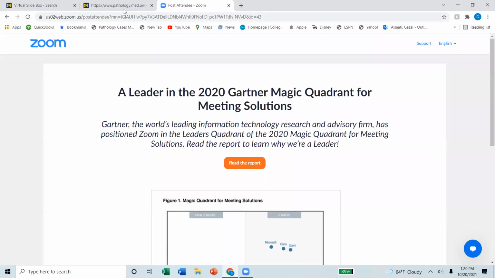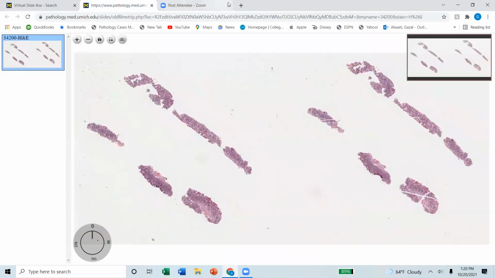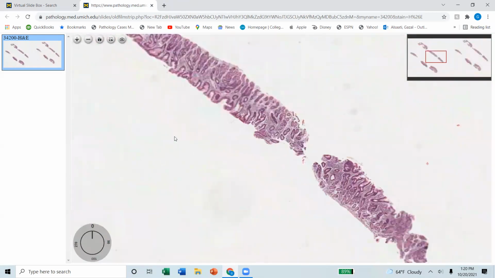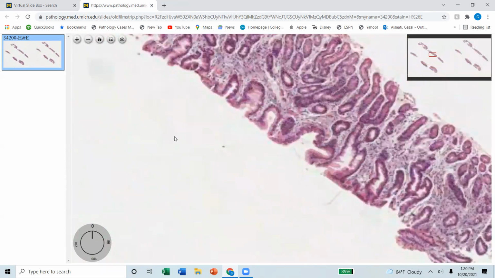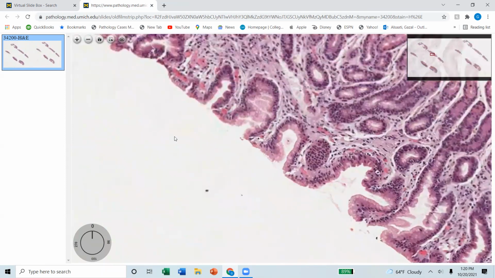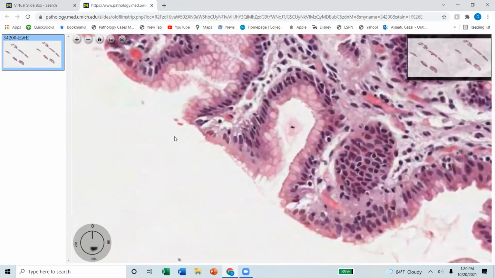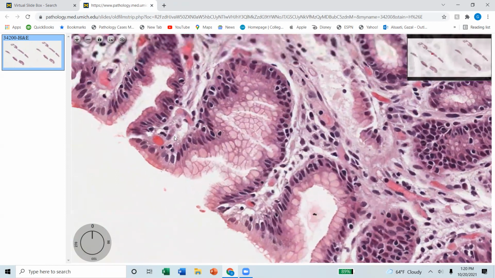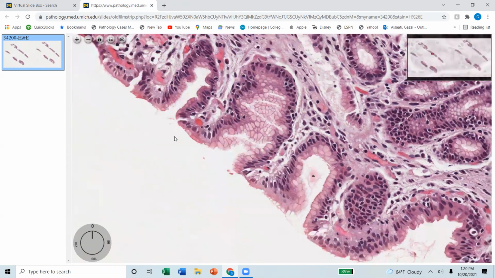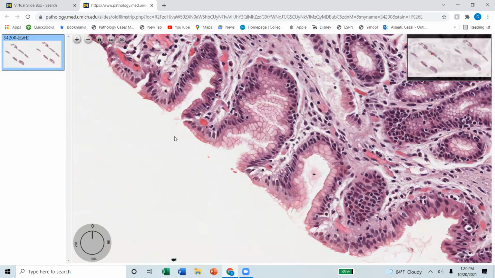The other case is this one. I have gastric foveolar metaplasia.